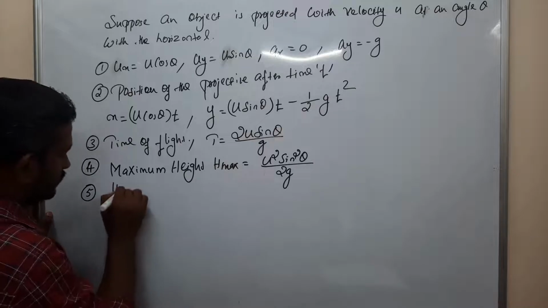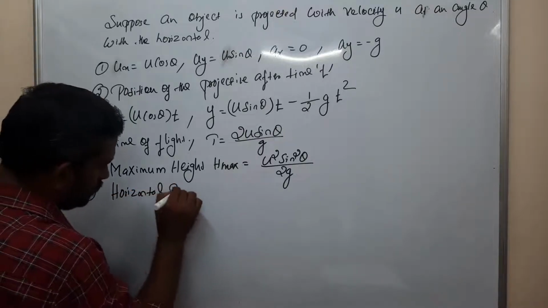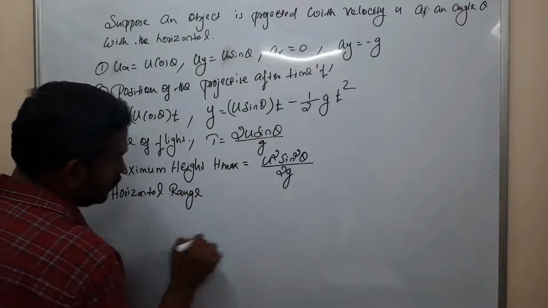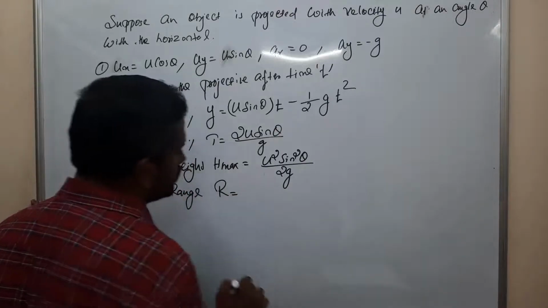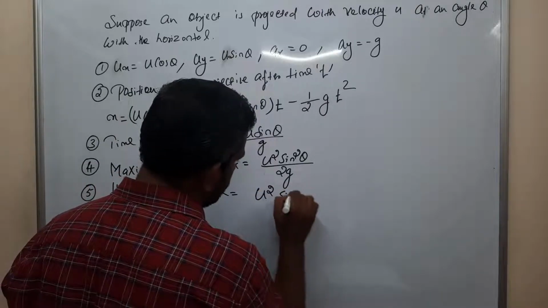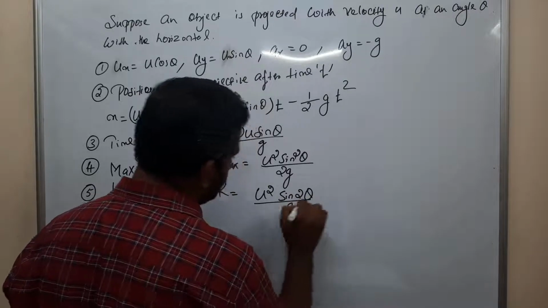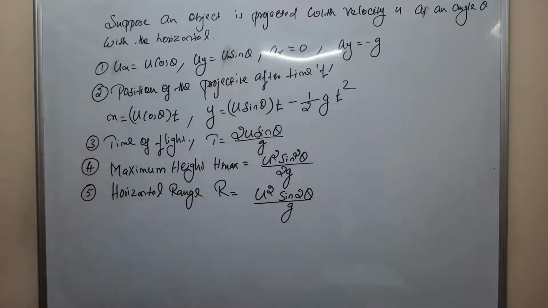Horizontal range, R is equal to u square sin 2 theta divided by g.